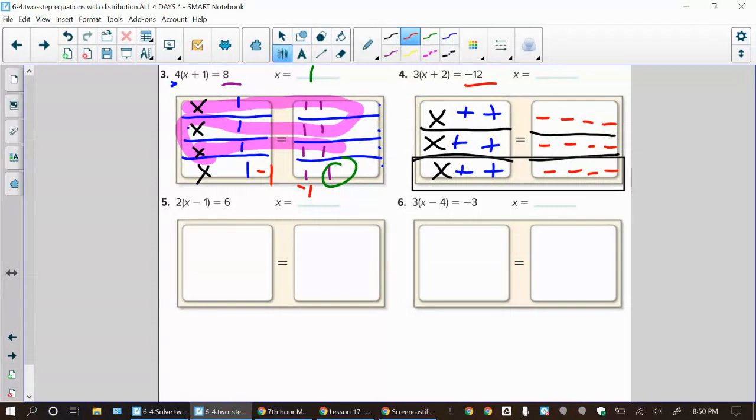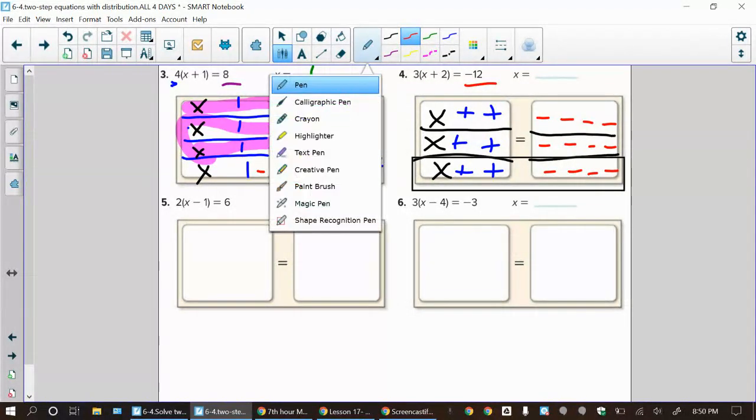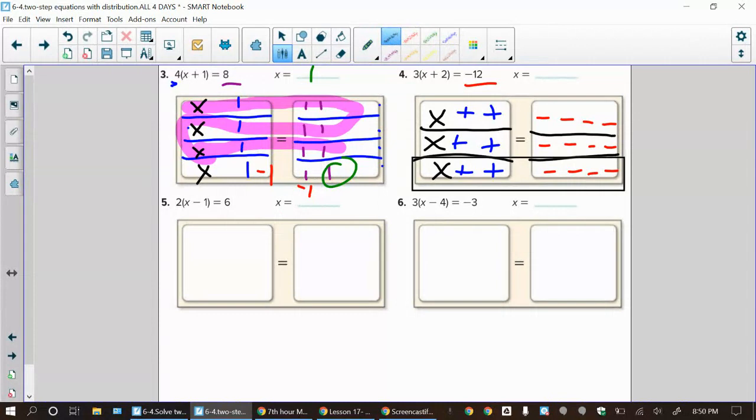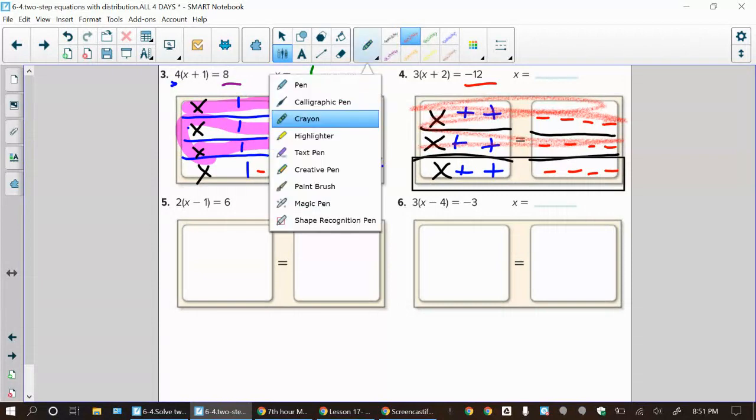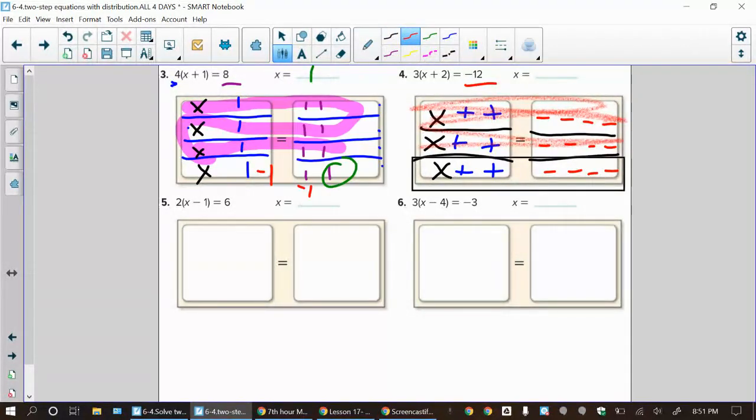The other 2 sections we are going to ignore. You can shade them out if you wish. All right, so then I have x and 2 positives. And how do we get rid of positives?